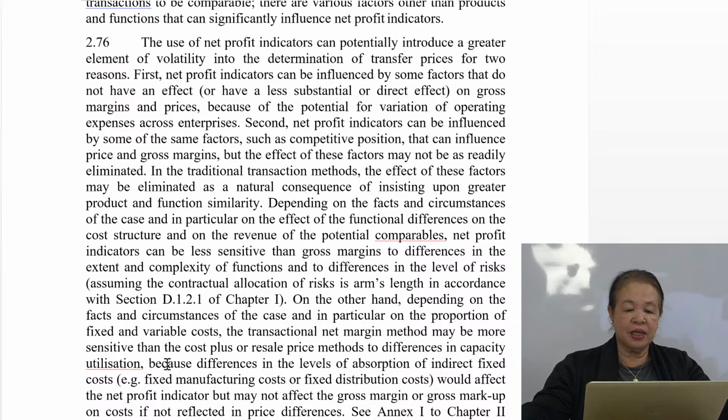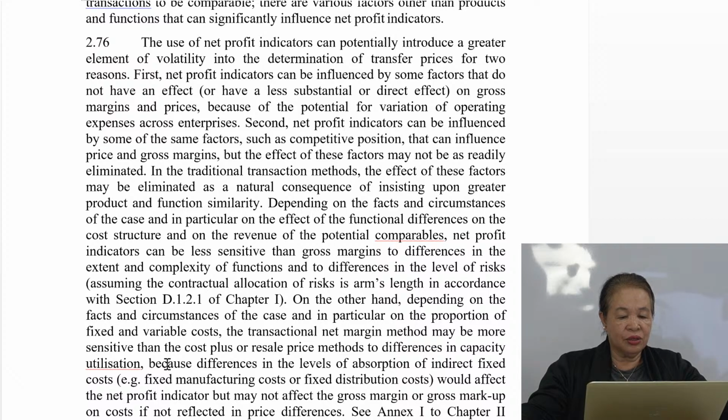Second, net profit indicators can be influenced by some of the same factors, such as competitive position, that can influence price and gross margins, but the effect of these factors may not be as readily eliminated. No?